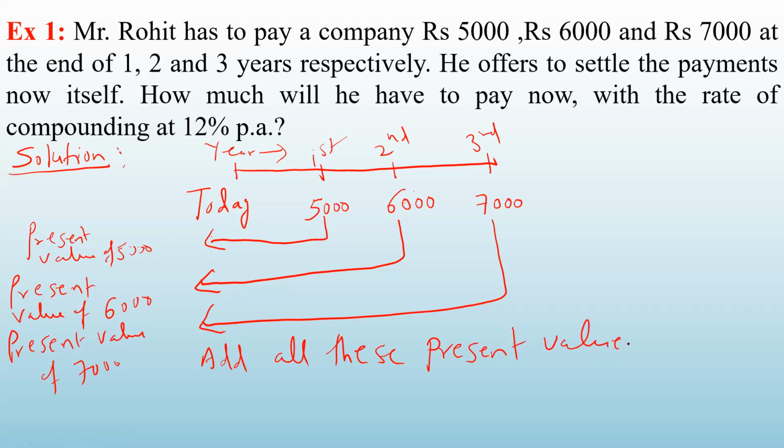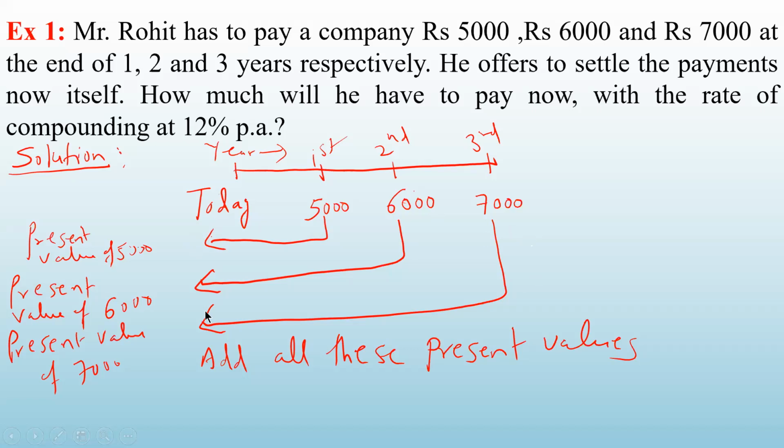Okay, I hope you have understood. This person Rohit has to pay the company 5,000 at the end of 1 year, 6,000 at the end of the second year, and 7,000 at the end of the third year. He offers to settle the payments now itself. So how much will he have to pay now? We will find out the present value of 5,000, 6,000 and 7,000, and add them.